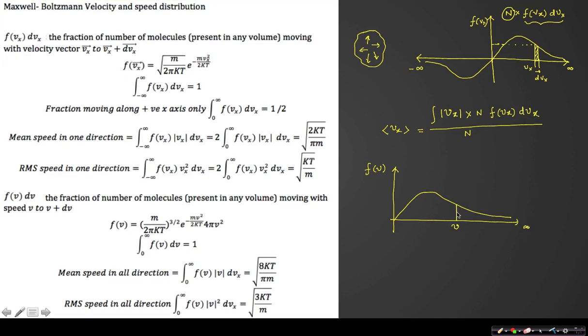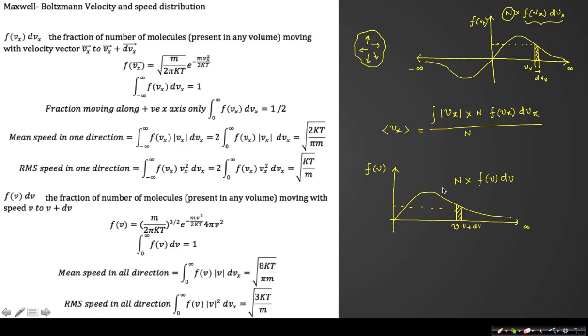So similarly, if I have to find the number of molecules moving with a velocity or speed from v to v plus dv, then I can take help of this Maxwell-Boltzmann speed distribution function, and I can say that this is the total number of molecules multiplied by the fraction, which is f of v into dv.